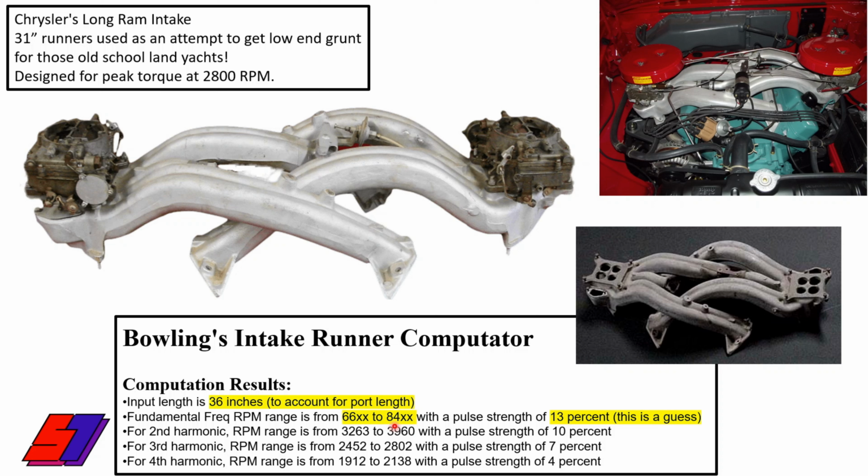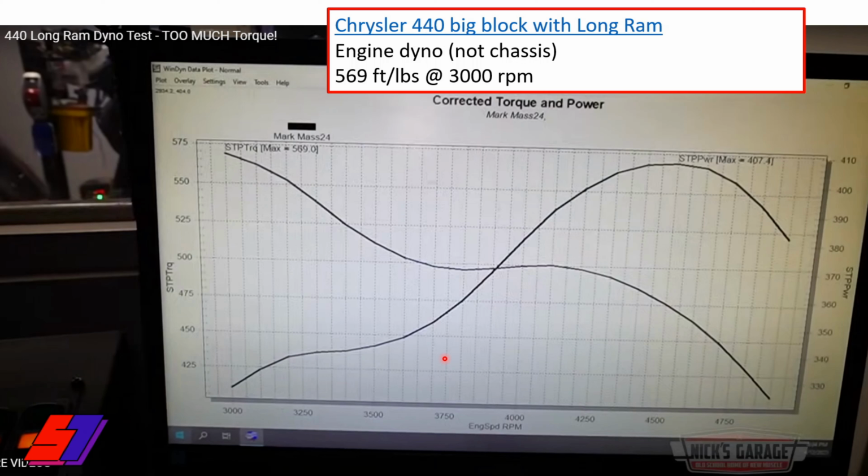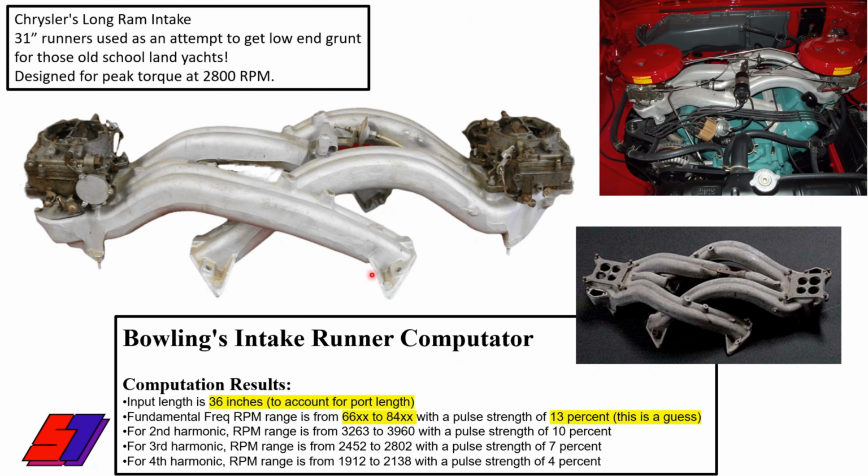So I found this guy who actually had a modern day dyno test on this old intake. Now, this was on a big block 440 Chrysler. We know that it's 31-inch runners, right? We don't really know how long the intake ports are on the head for Chryslers. I guessed 5, which puts us at 36 inches total.